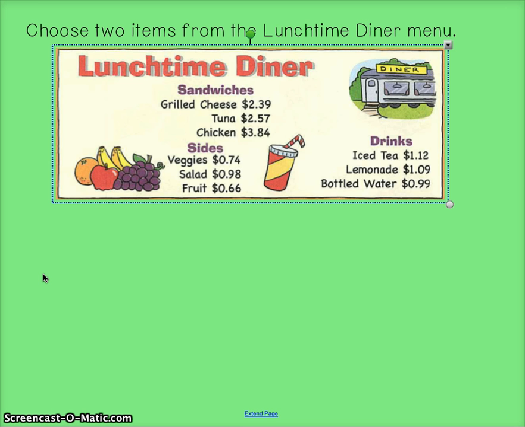Grilled cheese sure sounds good, so I'm going to write down $2.39, and I'm writing neatly and separating my place values. Next, I'm going to get some fruit on the side, so I'm going to write my dollar again, and then I need to make sure I put my 0 in for the hundreds, and then I have 66 cents.